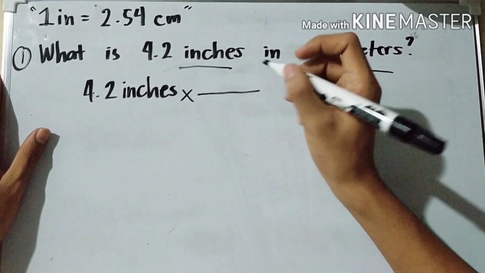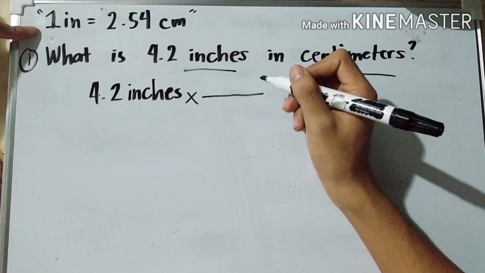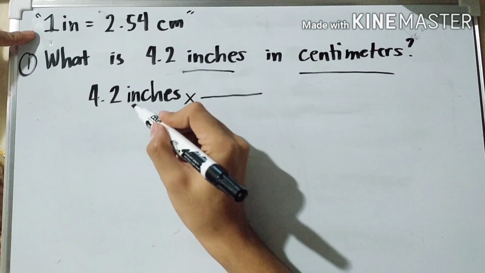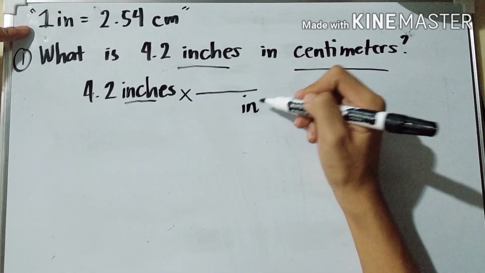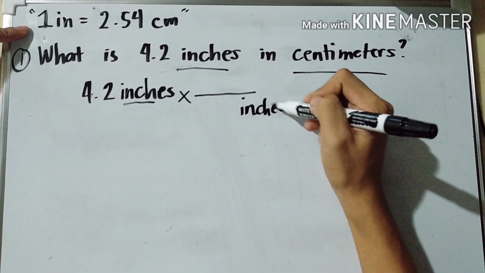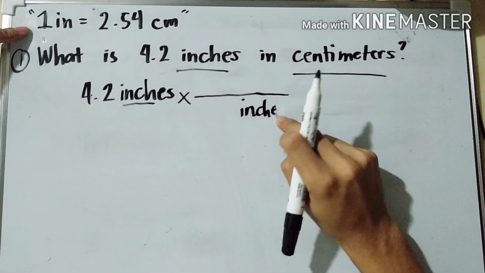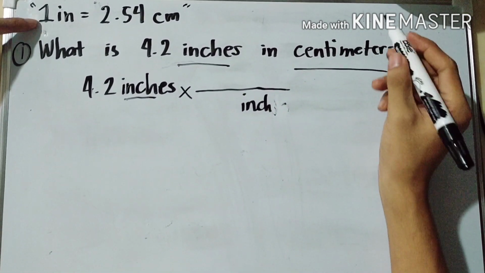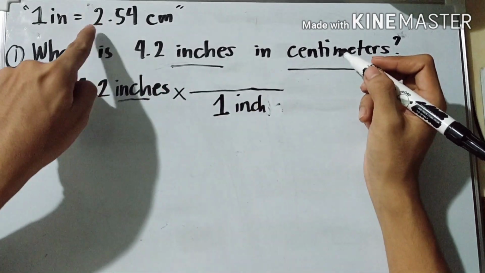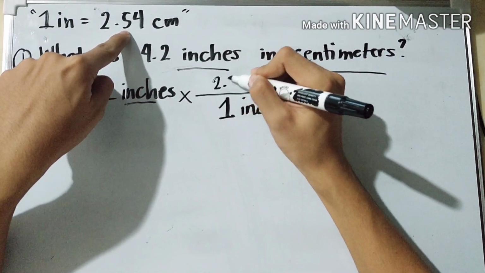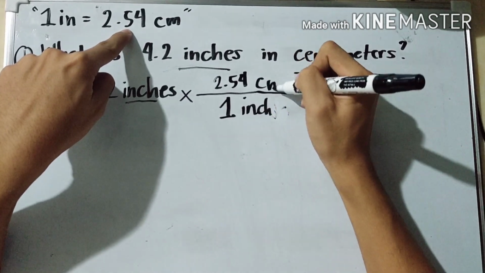Para saan po itong over na ito? Dito nyo gagamitin yung conversion na inyong ginamit. Kung ang inches ay given, dapat inches ang ilalagay nyo sa ilalim para siya ay makancel. So, 1 inch, no need for S, at ang 1 inch is katumbas ng 2.54 centimeter.